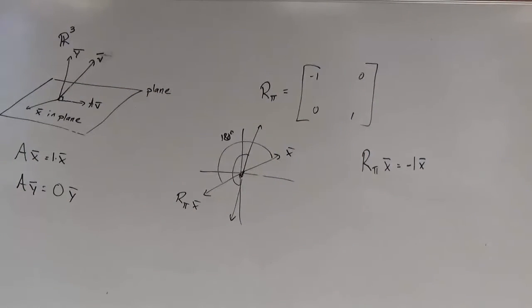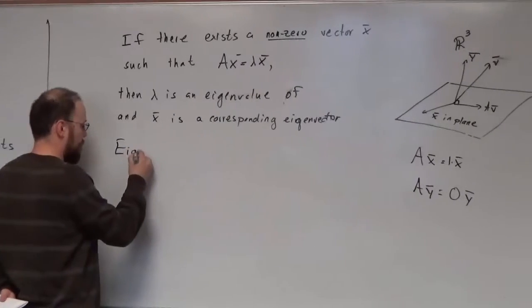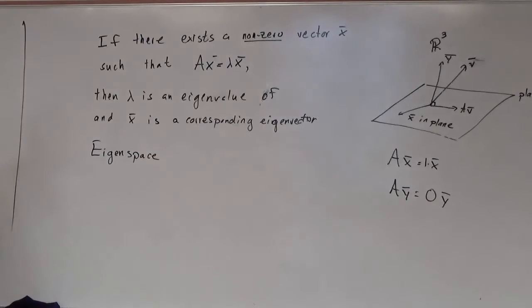we sometimes talk about eigenspace. So that's a subspace, right? And to be a subspace, you have to have the 0 vector.